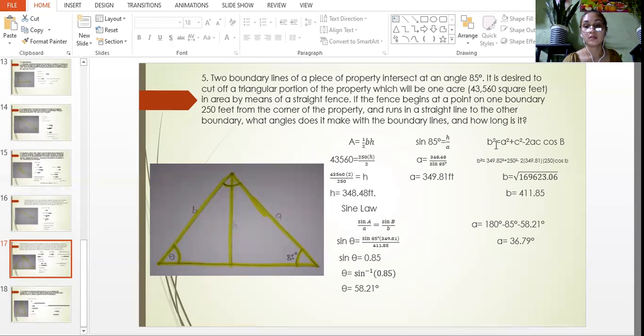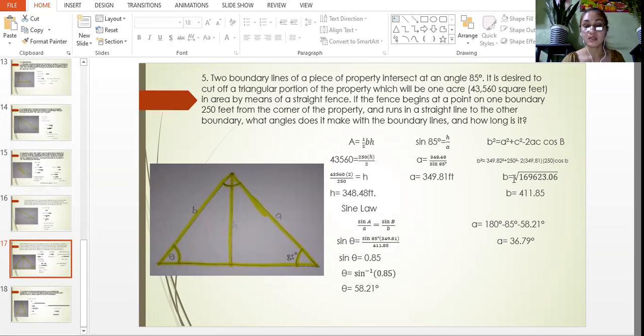Then using the cosine law, b squared is equals to a squared plus c squared minus 2ac cosine B. So b squared is equals to the value of a, 349.81 squared, plus 250, which is the value for c, squared, minus 2 times 349.81 times 250 times cosine 85.